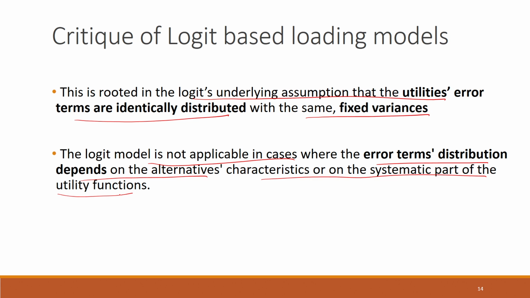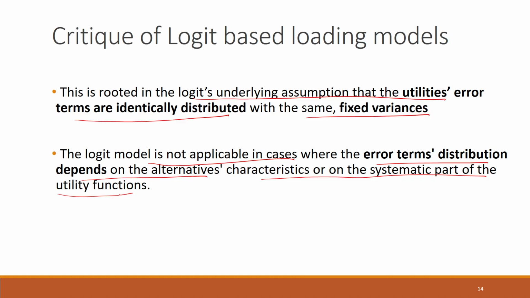So, in this example that we saw, the error distributions should actually have had the variance be a function of the measured travel time on a given path.